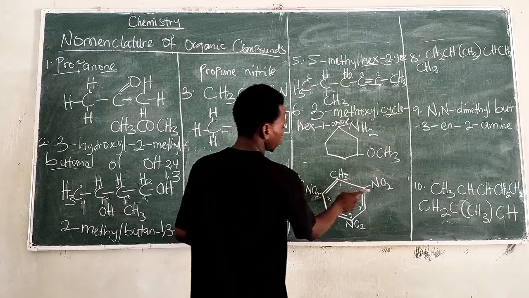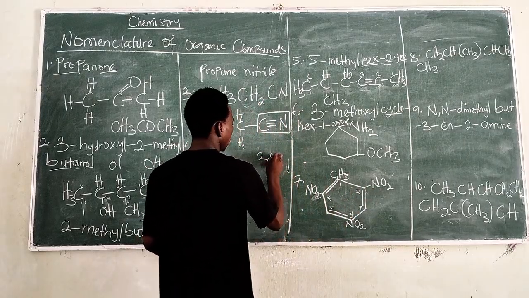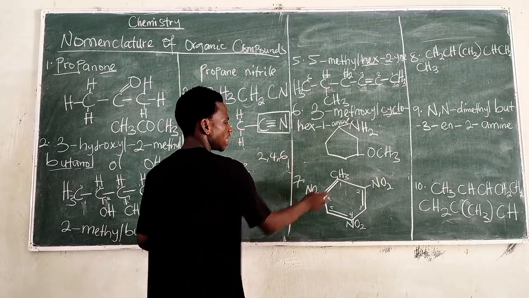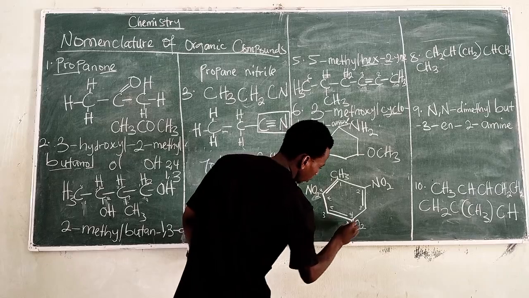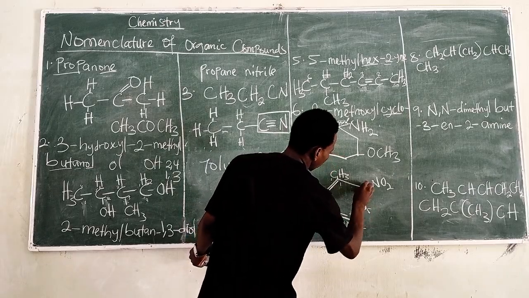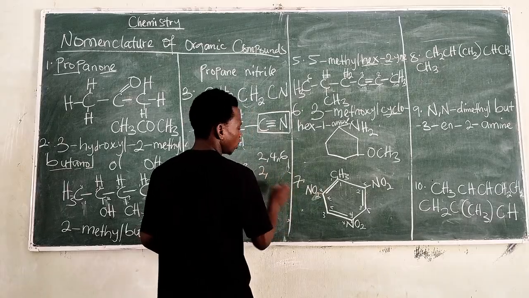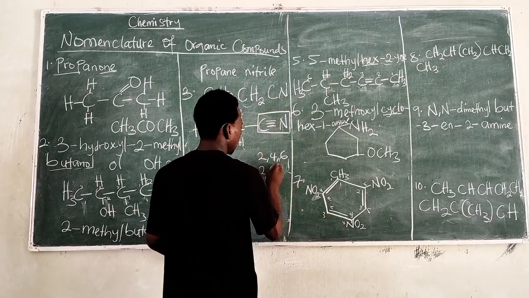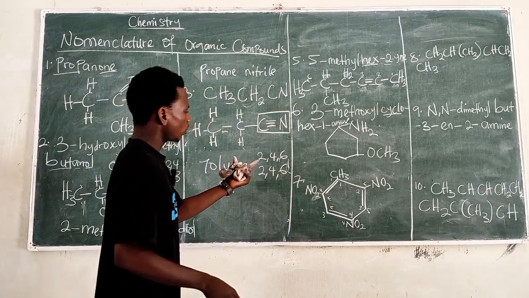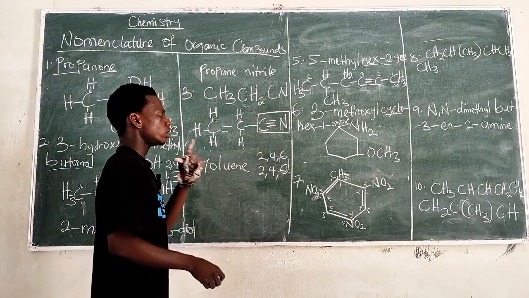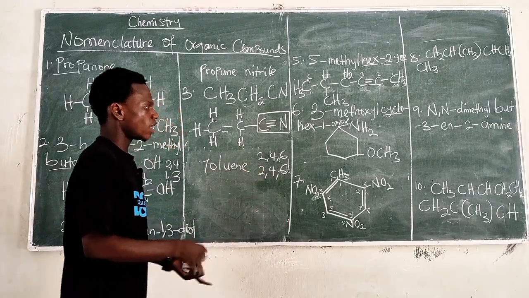So we have a substituent, which is nitro, on carbon 2, on carbon 4, and on carbon 6. So let's go with the counterclockwise numbering. We have 1, 2, 3, 4, 5, and 6. Going with the counterclockwise, now we substitute on carbon 2, on carbon 4, and on carbon 6. So either with the counterclockwise or with the clockwise counting, we'll have 2, 4, 6, so we can pick any of them.